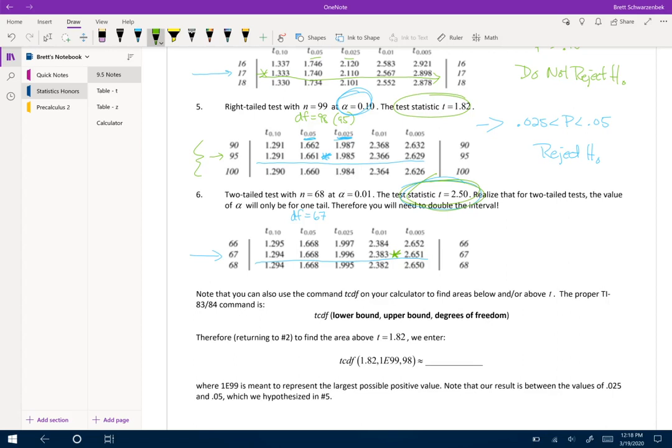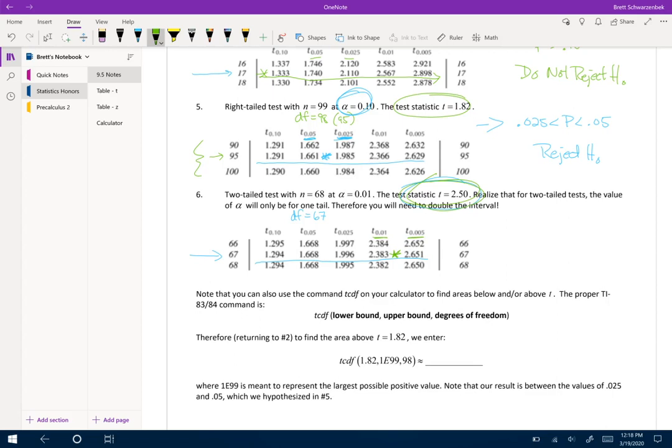Okay, so here's the deal. Normally, if this was a one-tailed test, we would say that the p-value falls between these two values. But here's the problem. These values are actually the area in one tail. We want the area in also the shaded tail on the other side, which means we have to multiply both of these p-values by 2 in order to find the p-value.